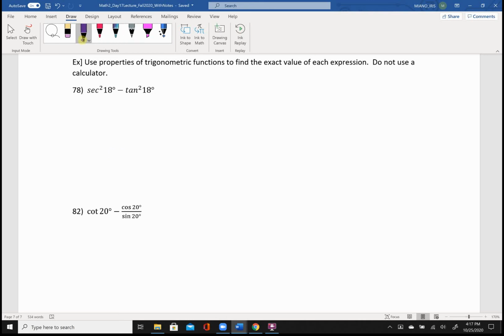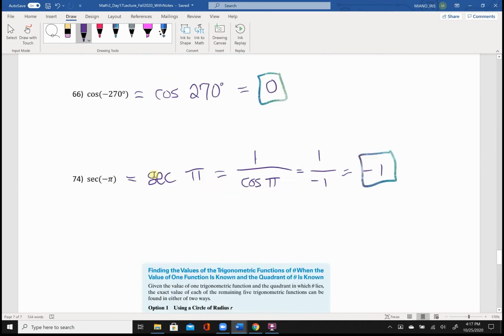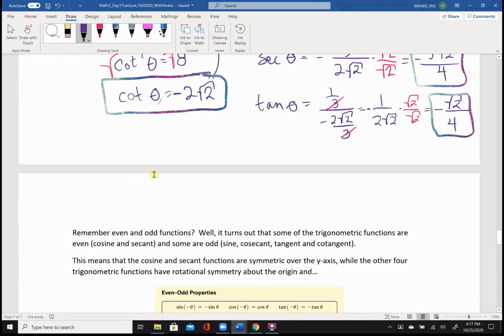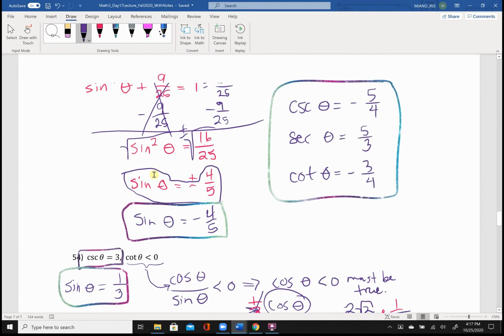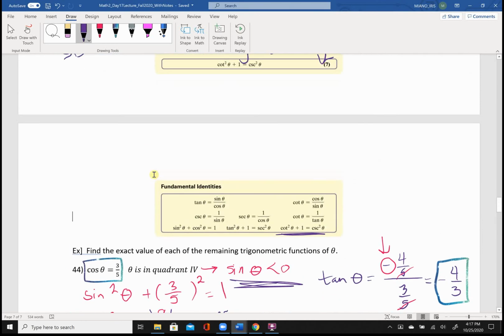So here's what you should do for this first one. Notice that you have a secant squared and a tangent squared. So it's your job to reference the properties box. Let me go back a couple of pages and show you what I mean. This fundamental properties box is the thing that you'll want to reference for this last set of examples, okay?